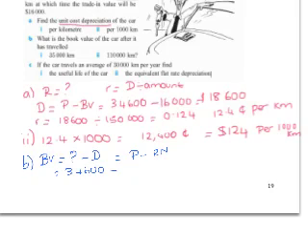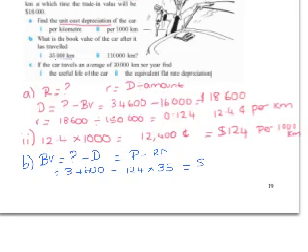Because we're doing it for 35,000 kilometres, we might as well just use $124 per 1,000 kilometres, so 124, but we're only going to times it by 35 because it's 35,000 kilometres. That's just going to make life easier.